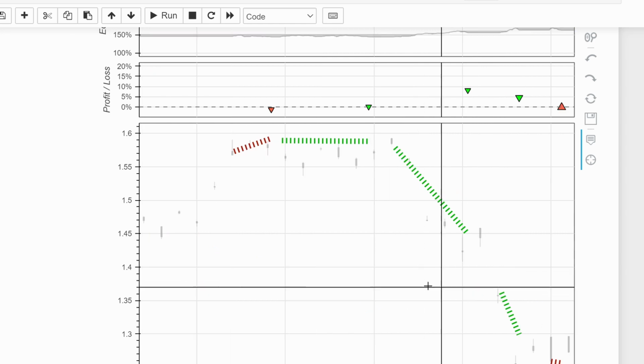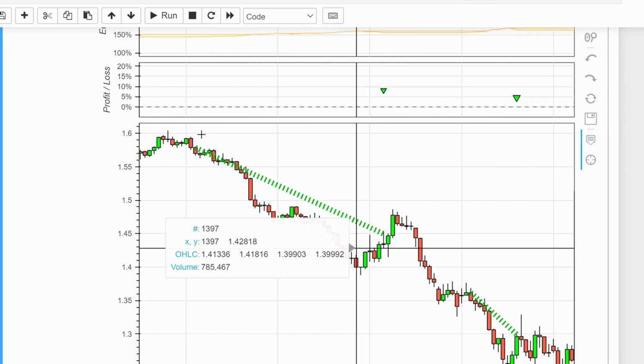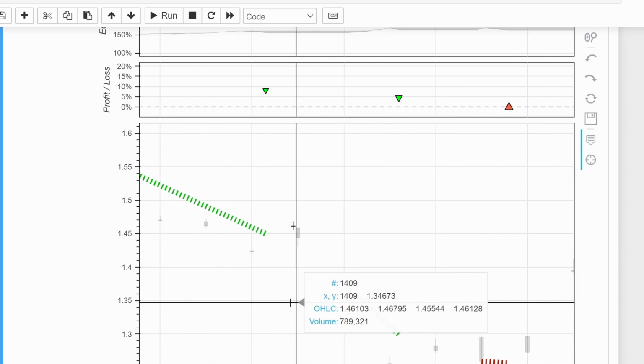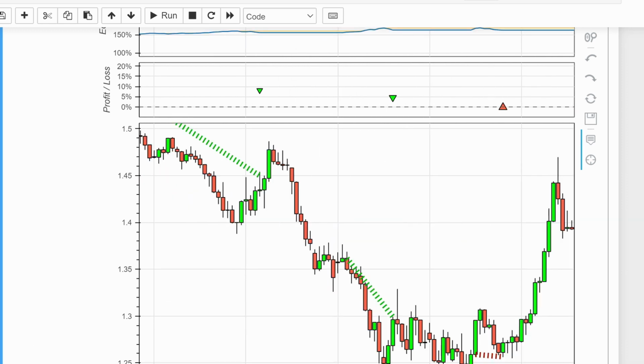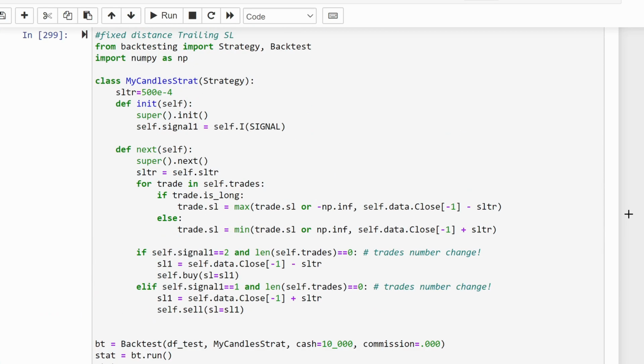Now we can see that we don't have two or more trades opened at the same time. So we have one trade at a time, which looks more proper and less risky in this case. We could also add one more condition to close our open trades in case we encounter an opposite signal. So we can close our trades in two conditions here: either we meet the stop loss value, the trailing stop loss, or we encounter an opposite signal.